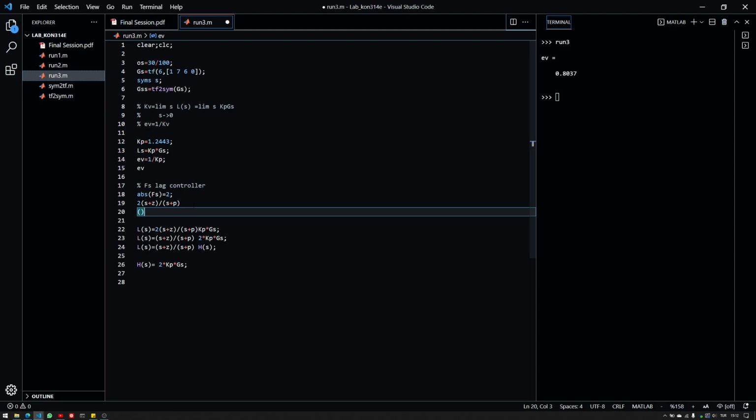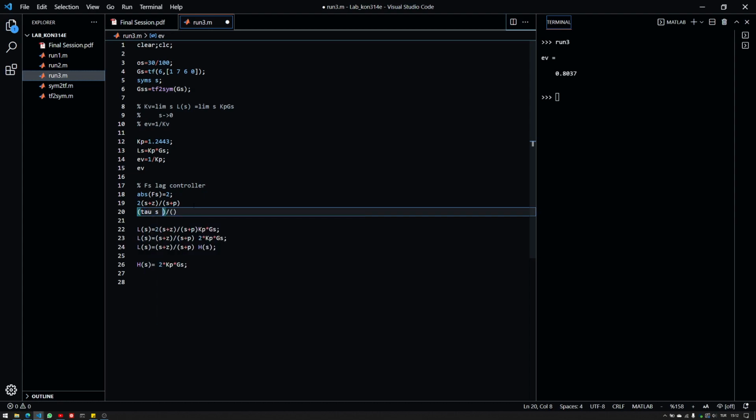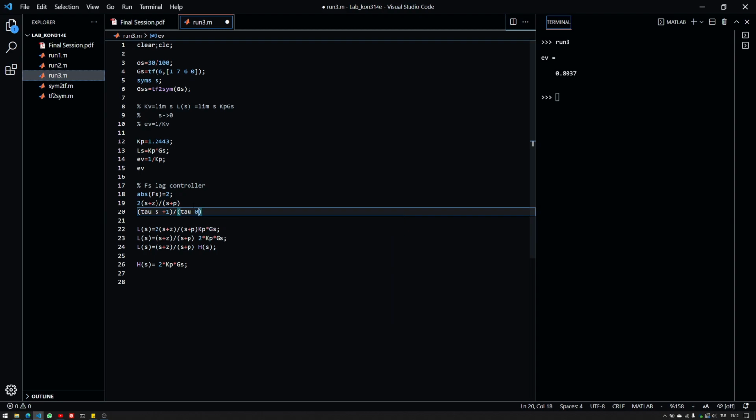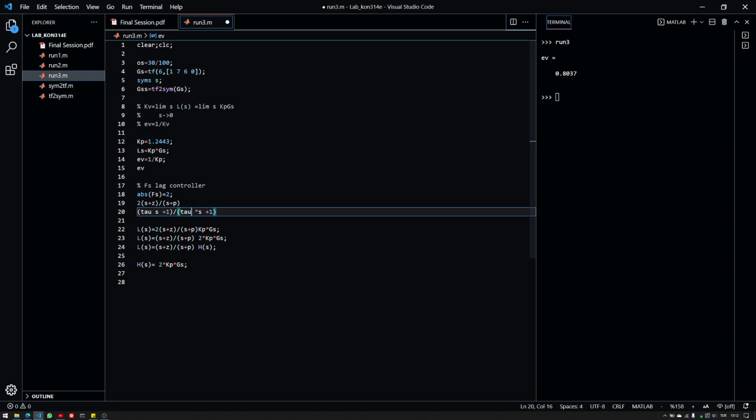Therefore, we have another definition that we can use here, which looks like (tau times s plus 1) over (alpha times tau times s plus 1), which is basically the frequency domain equivalent of our controller definition.